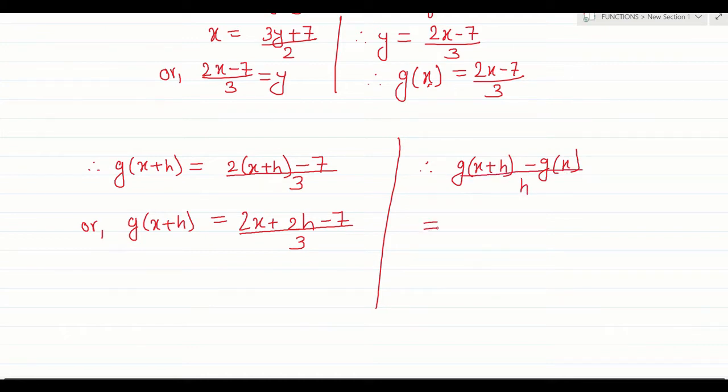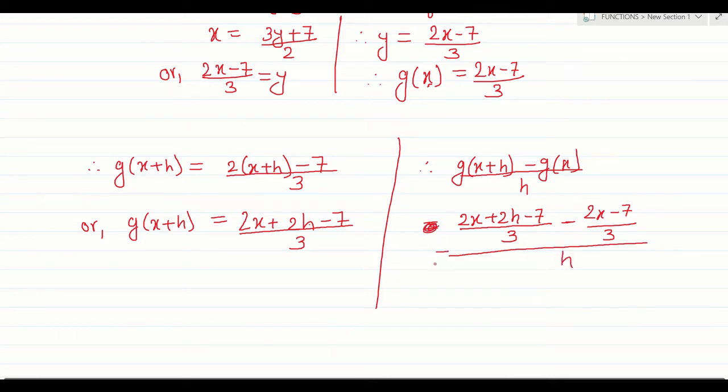So let's continue. g(x plus h) is (2x plus 2h minus 7) over 3 minus g(x). g(x) is (2x minus 7) over 3, whole upon h. Okay, just let me put equal to in between. Now, equal to, the numerator part has to be solved by taking LCM.